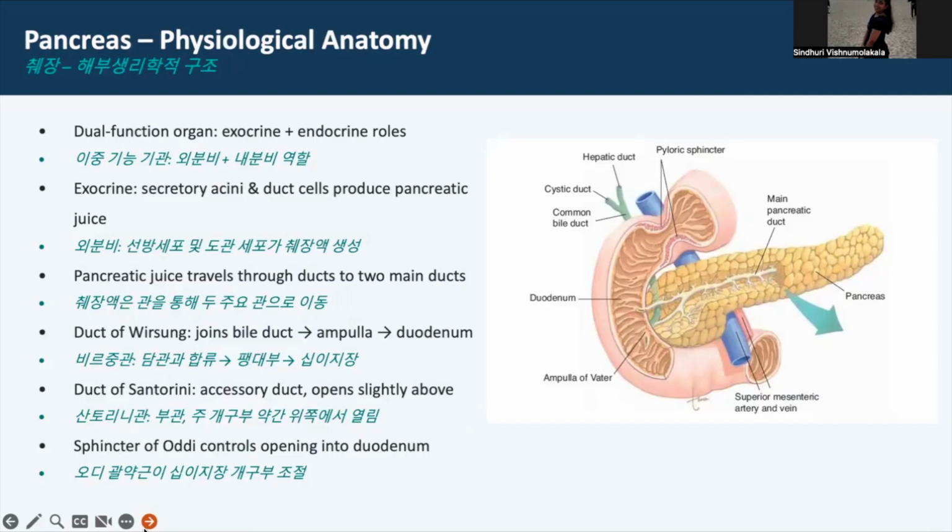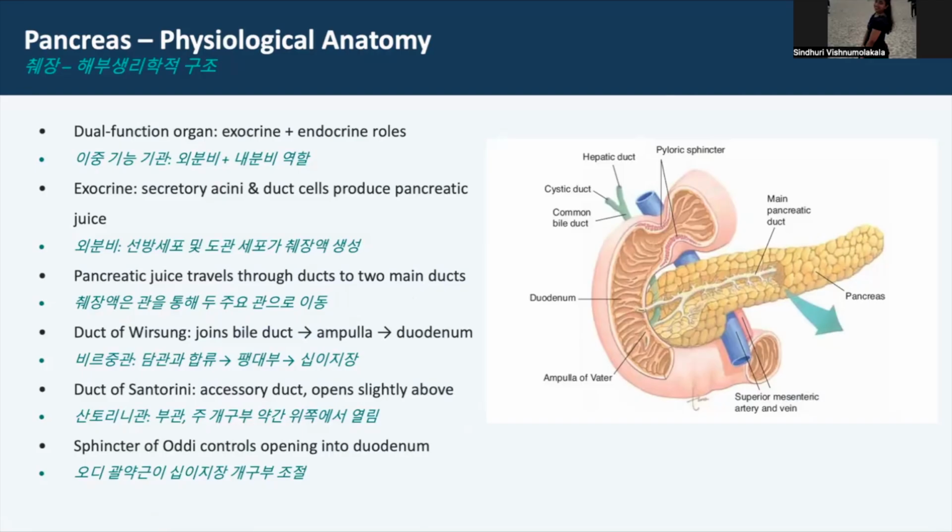And then comes the accessory duct, which is the duct of Santorini, which also opens into the duodenum but 2 millimeters higher than the duct of Wirsung. So these two release the pancreatic juices that help in the digestion of substances, which we'll be discussing later.